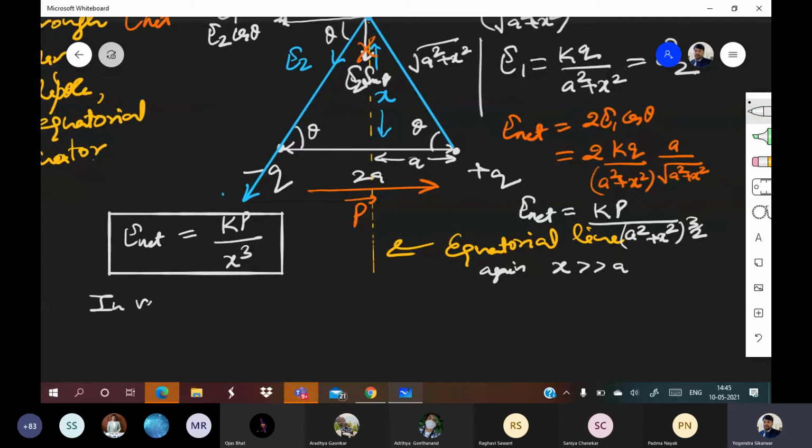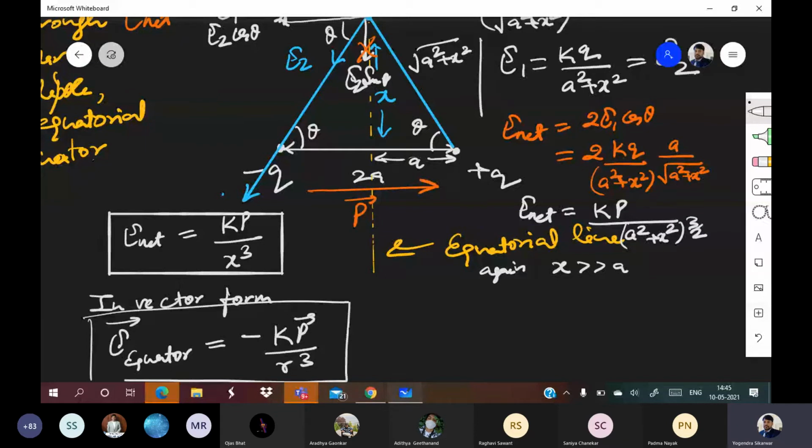E equator is equal to minus KP vector upon R cube. So that is in vector form.